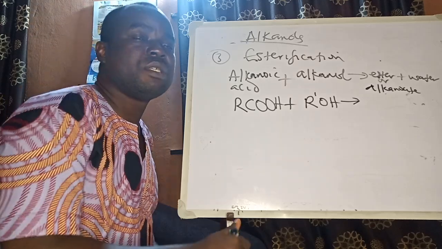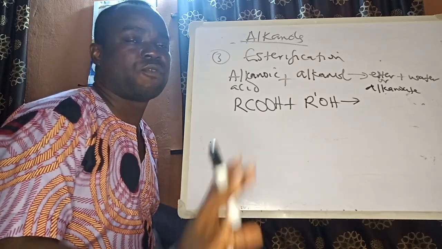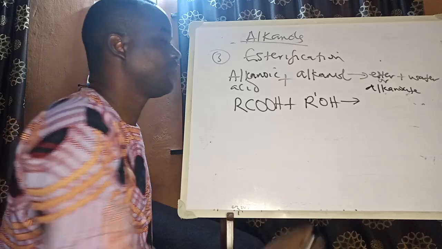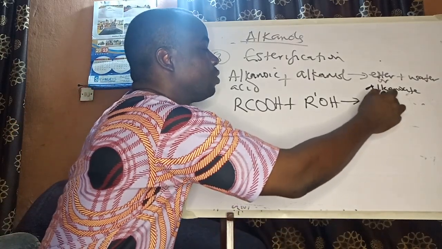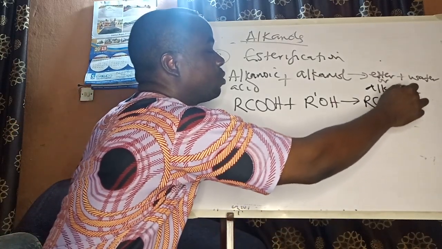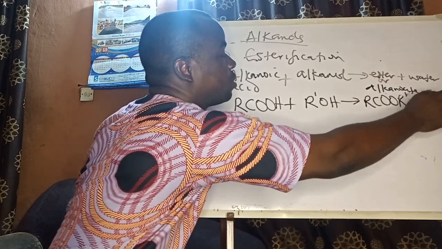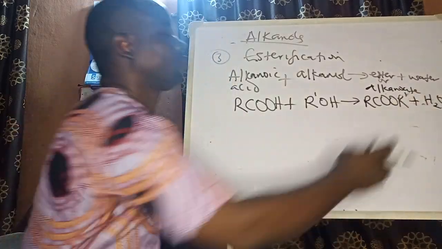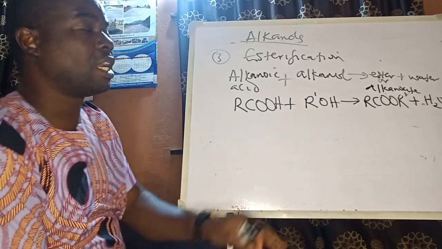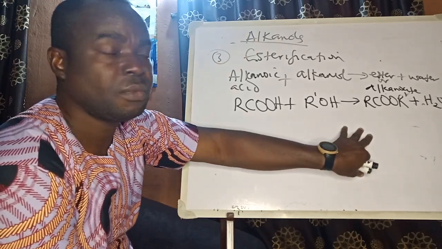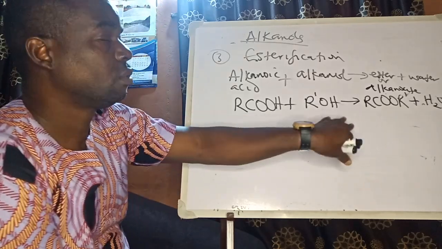Now, let me generally just write down the formula. Then we'll solve examples on that. To give us RCOOR' plus H2O. Please copy this formula down and keep it. This is the formula for esterification.